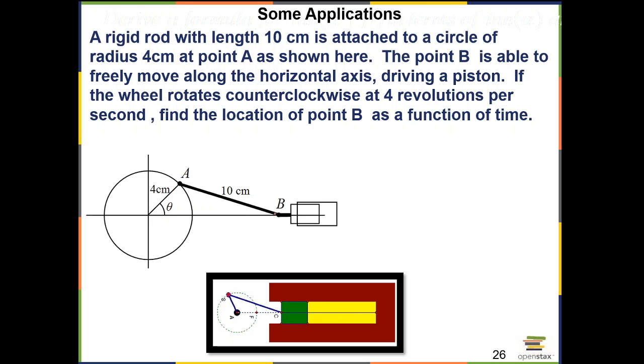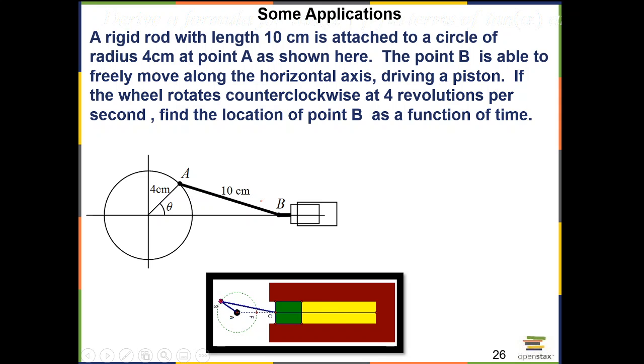Point B is able to move freely along the horizontal, right? This B is driving a piston. If the wheel rotates counterclockwise at 4 revolutions per second, find the location of point B as a function of time. So we want to find the location of this point as a function of time.